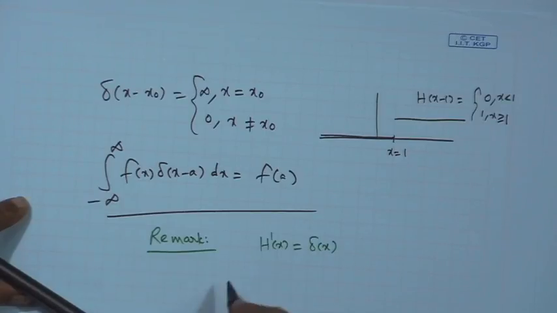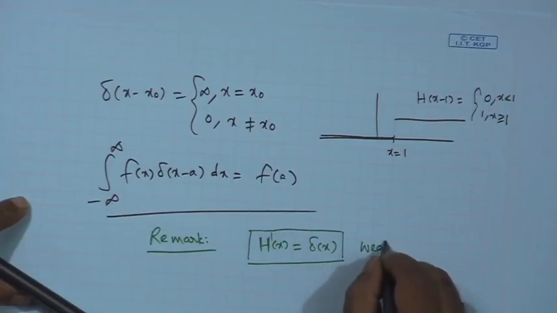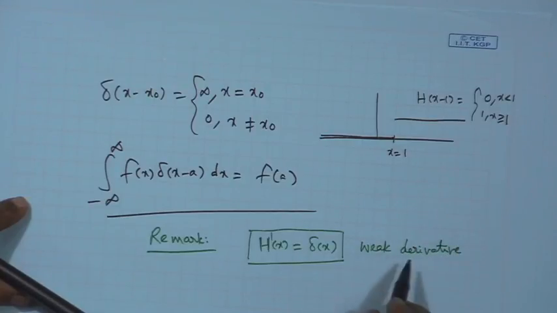That means the derivative of the Heaviside function is the Dirac delta function. So, this requires some concept called weak derivative. My apologies for using this term, but you understand as a notation that the derivative of the Heaviside function is a Dirac delta function.